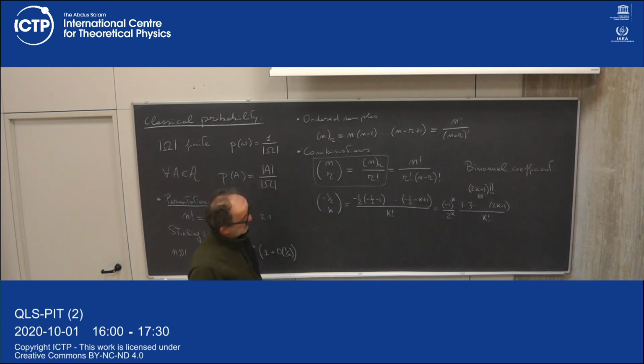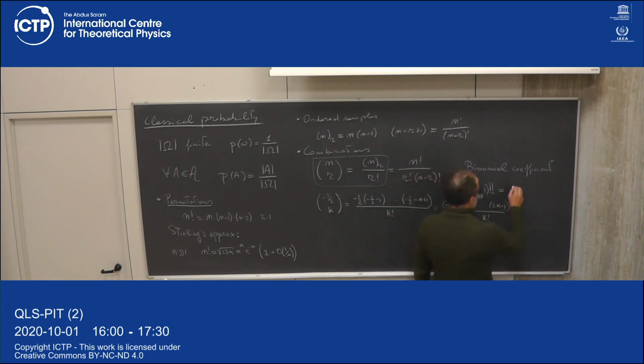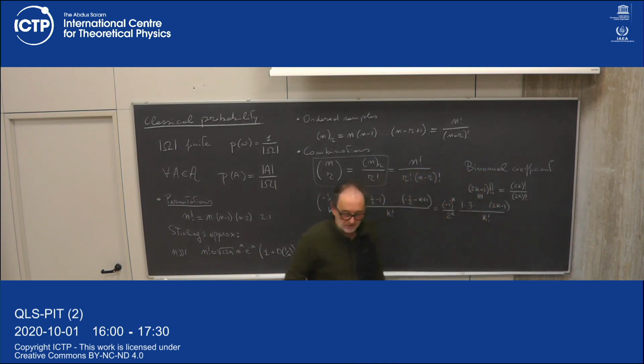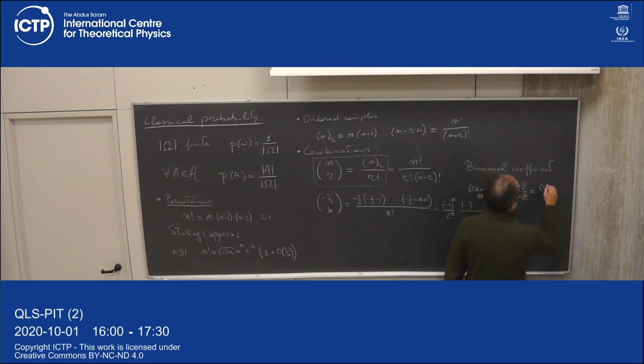And of course, the product of all odd integers up to 2k minus 1 is equal to the product of all integers up to 2k divided by the product of all even integers, which is again the double factorial. But the product of all even integers up to 2k is just 2 to the k times k factorial, right?